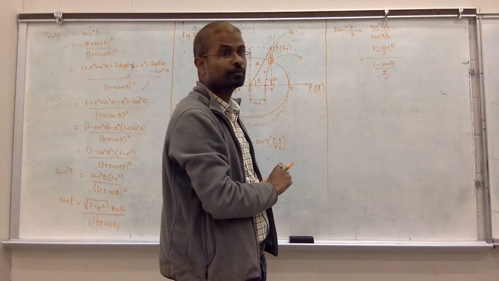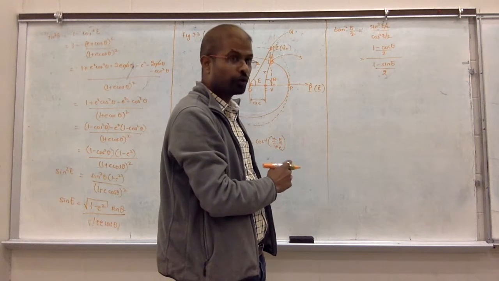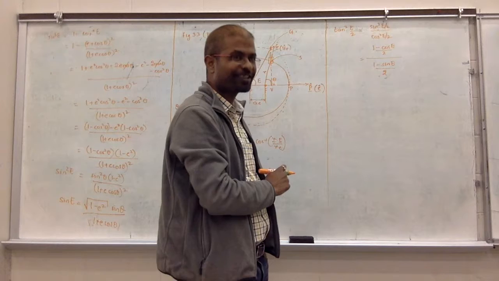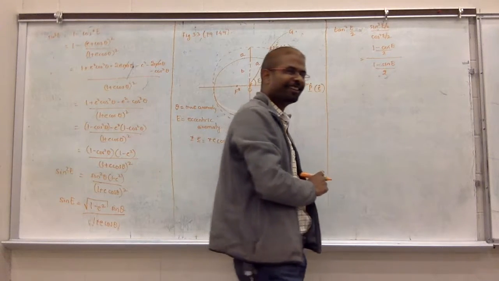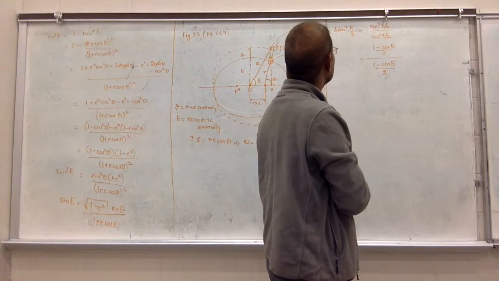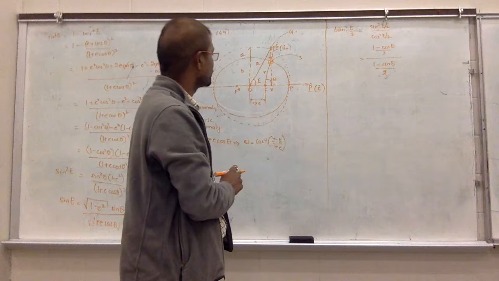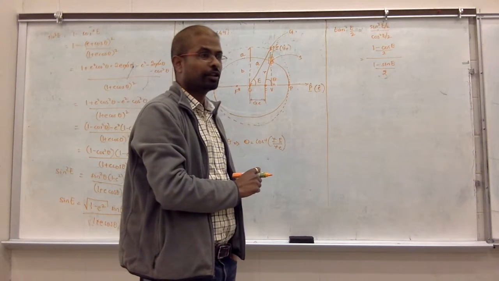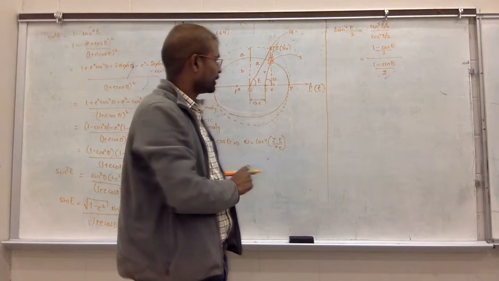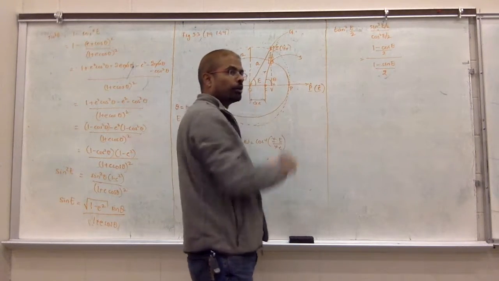What is the end game? Like, what are we trying to get to? I told you, have some patience. Okay. Yes. Why did you divide E by 2? So here is the end game, or part of the end game. We'll express theta in terms of true anomaly.